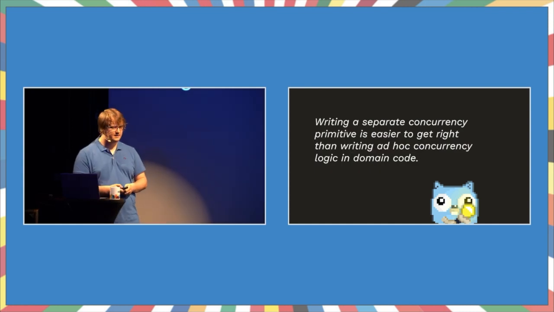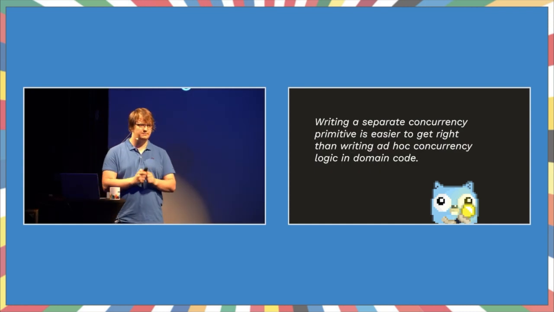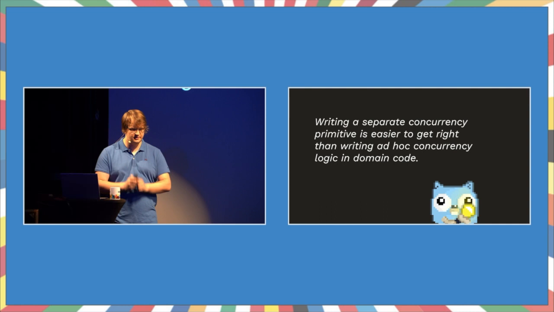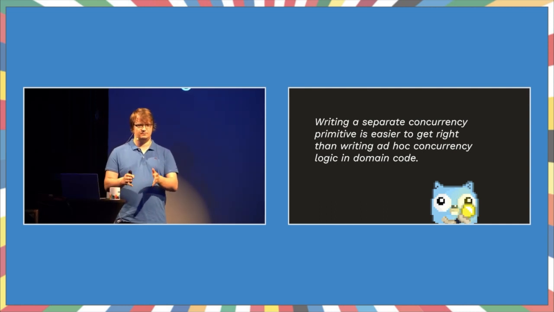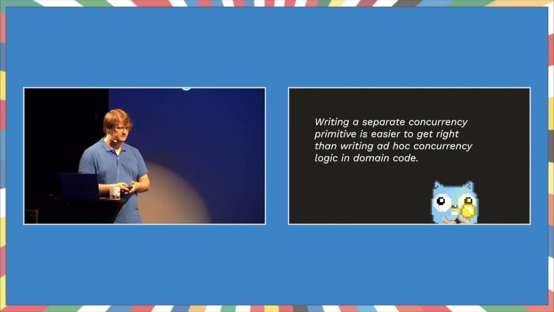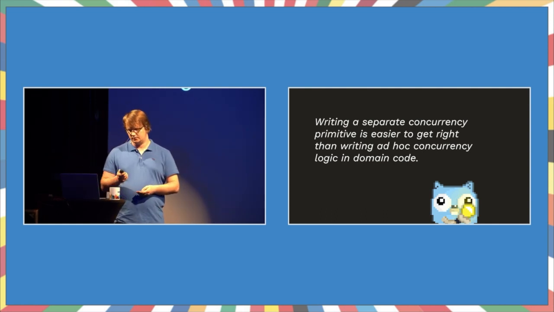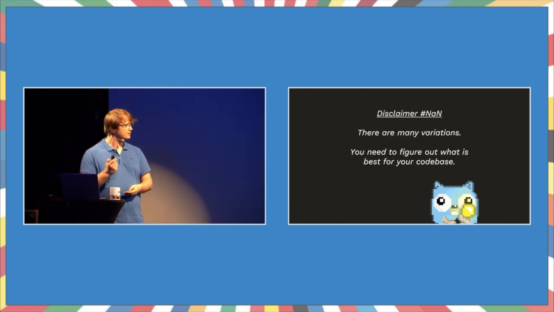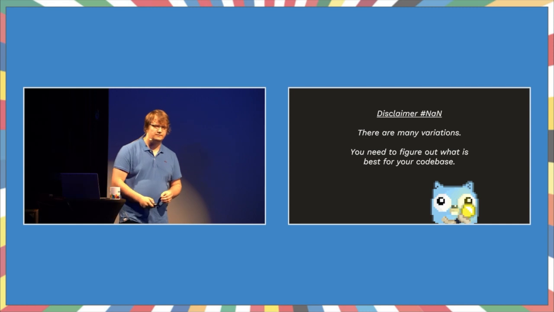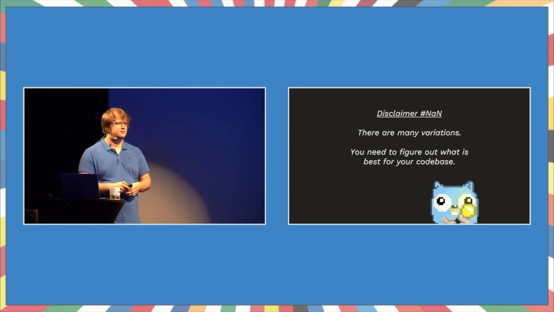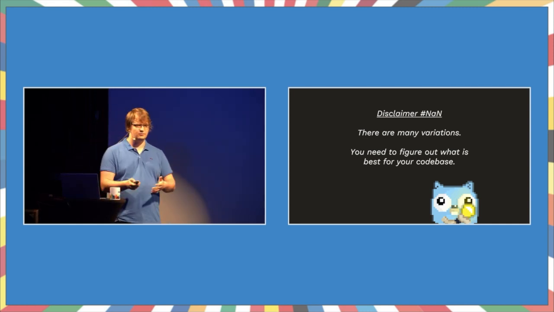The point is that an ad hoc concurrency primitive in your domain code is much harder to get right than a separate concurrency primitive that you built with proper testing, right? I just show some examples because you need to figure out what works for you. These are examples. You can derive your own ideas.